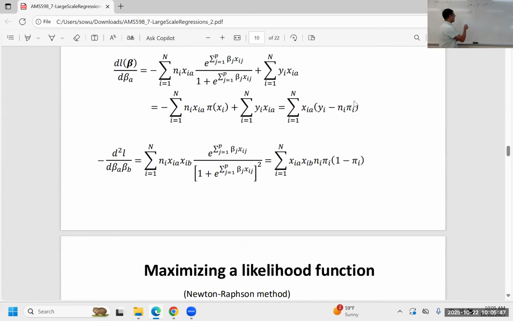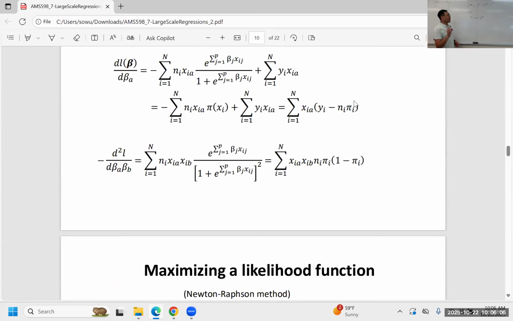Now the idea is, if you know beta_t, then from beta_t you can basically derive pi_i^t. Remember, what is pi_i? Pi_i is the probability of success for each subject i.